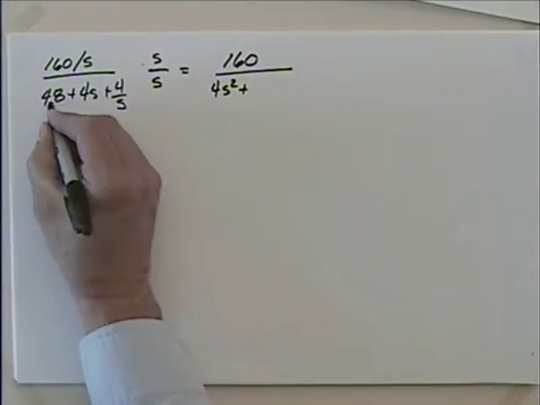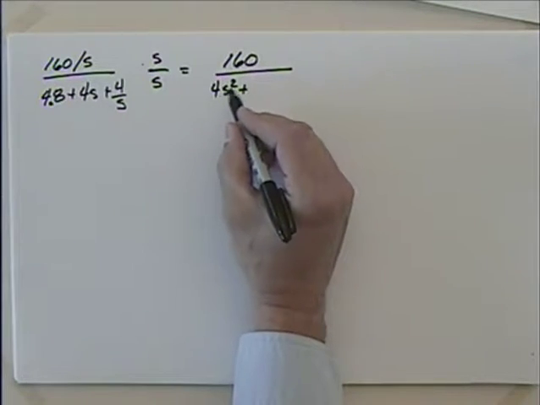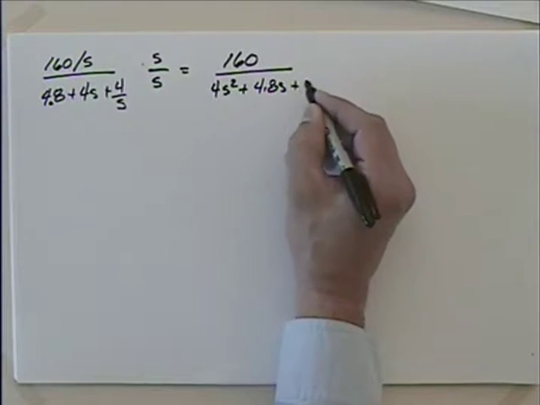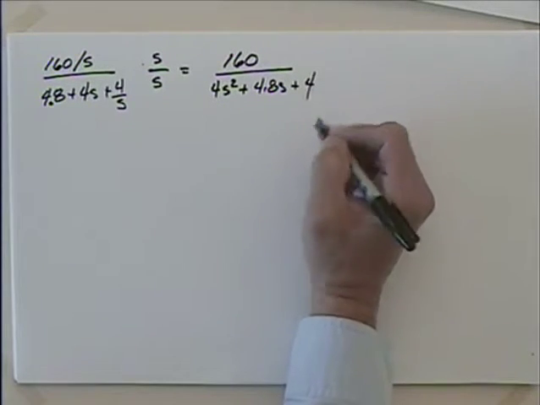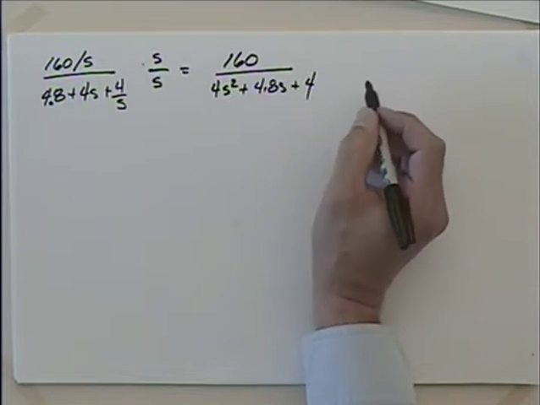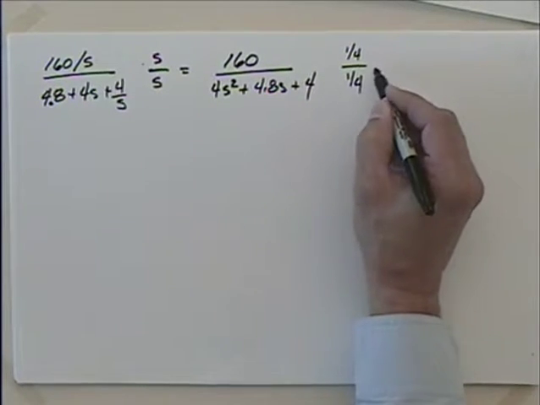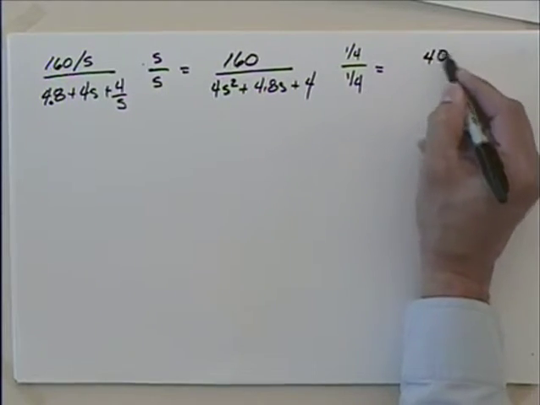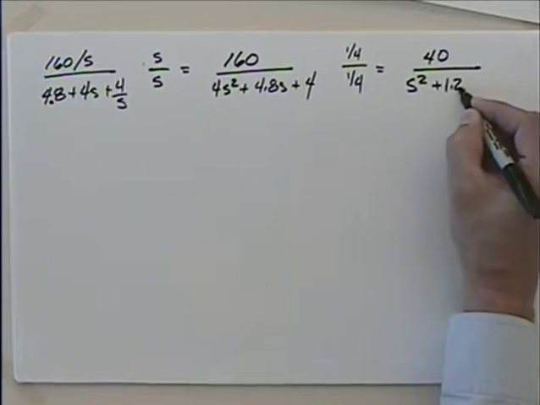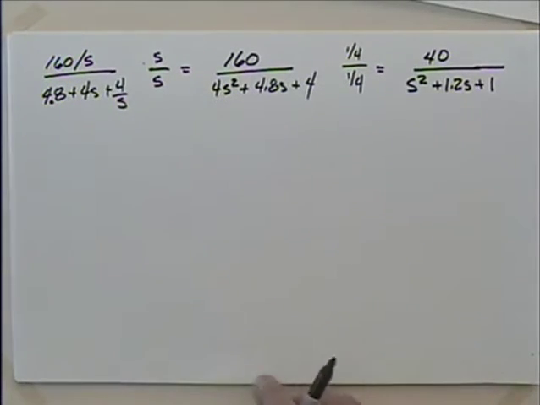So I got s squared plus 4.8s plus 4, right? And then I think I'll divide the whole thing by 4. So multiply this by a fourth and this by a fourth. So what do we come up with? 40 divided by s squared plus 1.2s plus 1. That's looking better.